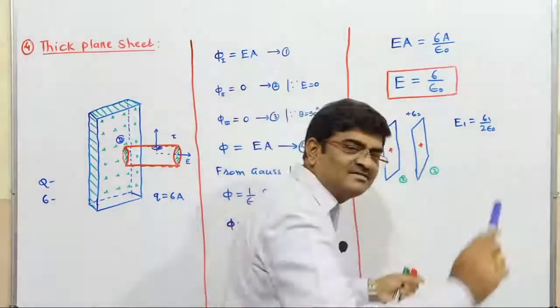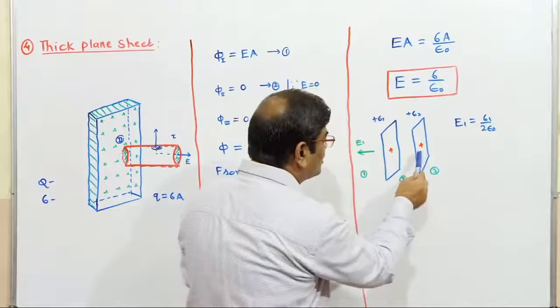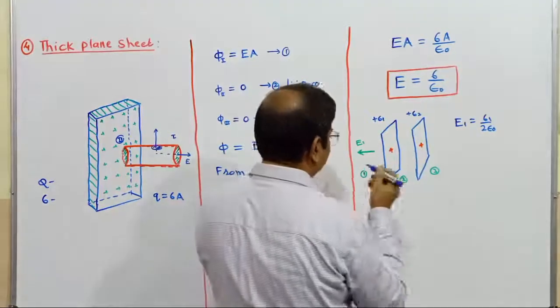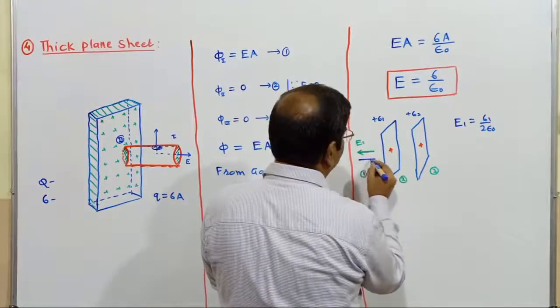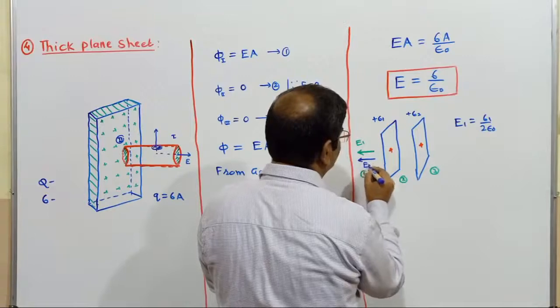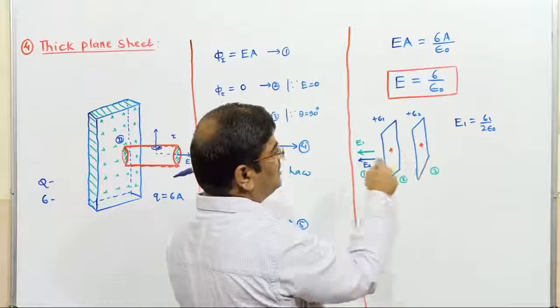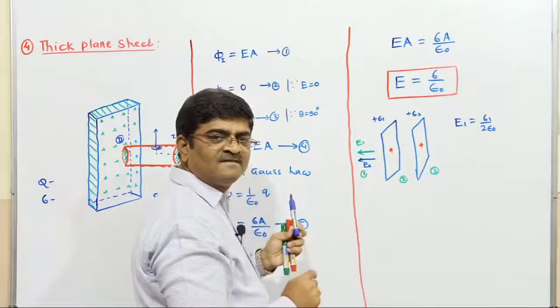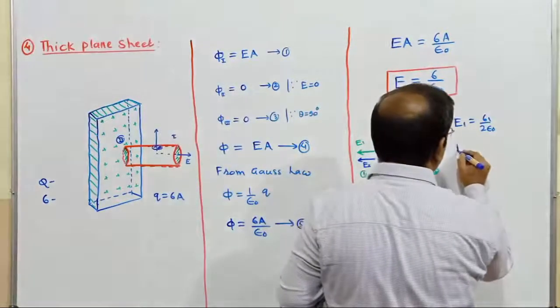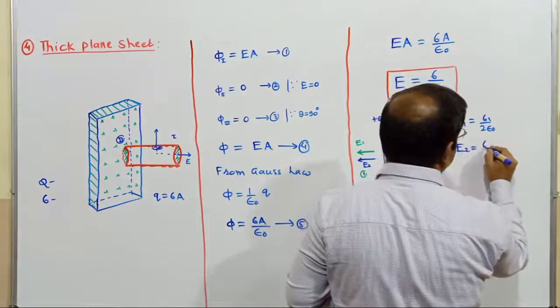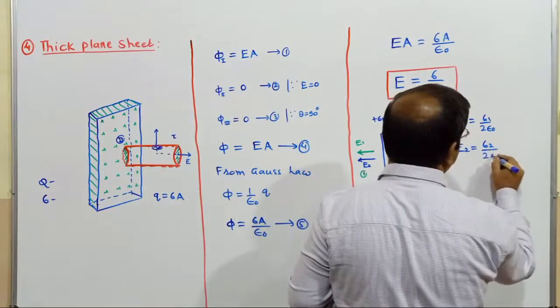Forget that this is there. So then contribution due to this, you will have E2. The second sheet is positive, going away, E2. And that contribution E2 equals sigma 2 divided by 2 epsilon naught.